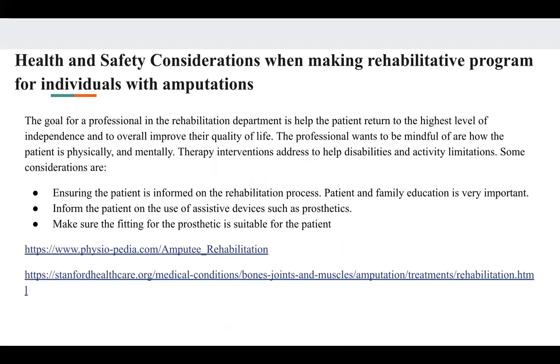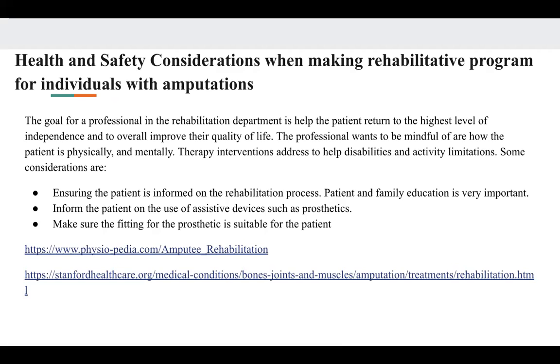So as we know, there are many times where an amputee will need to be going to physical therapy sessions or rehab programs. It's important that a professional in the rehab department ensures that the patient is informed on the whole rehab process, not only the patient, but also the family members, just to make sure that they're all educated on how the rehab process would go, because patient education is very important.